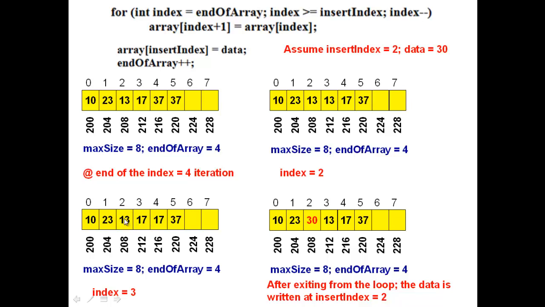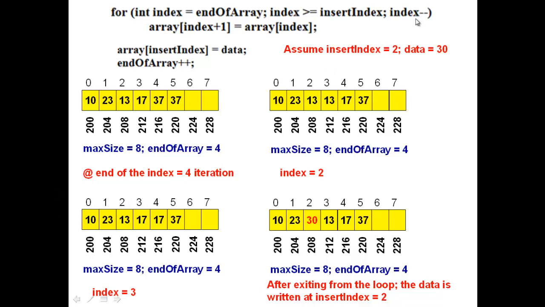So the value at index, which is 13, we are copying to index plus 1. So this 17 is getting overwritten with this 13. So the array now looks like this. At index 3 we are going to have 13 instead of 17, and at index 2 we are going to have this 13.